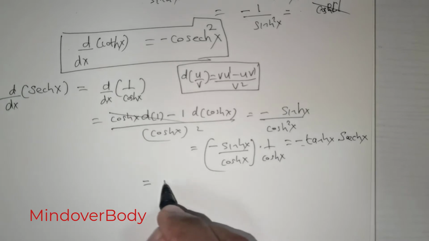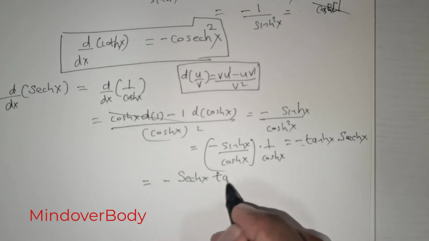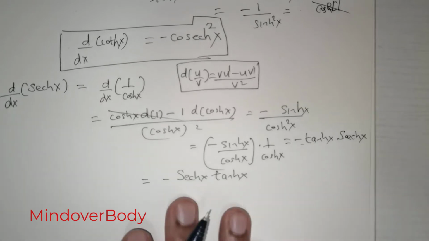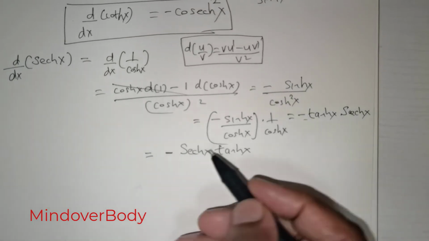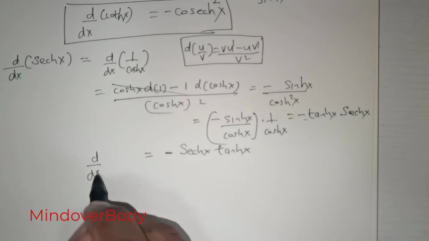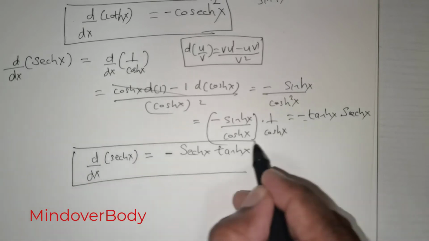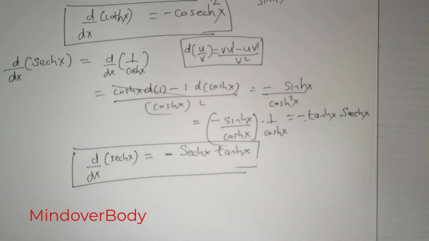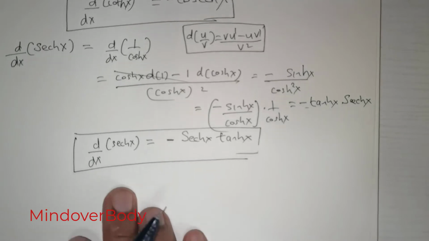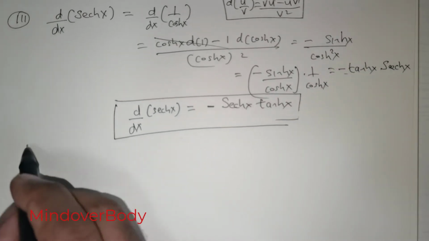So I can rewrite this as negative sech x tanh x, however you can pronounce it. So this is d over dx of sech x. So we got a lovely formula that we would be using.